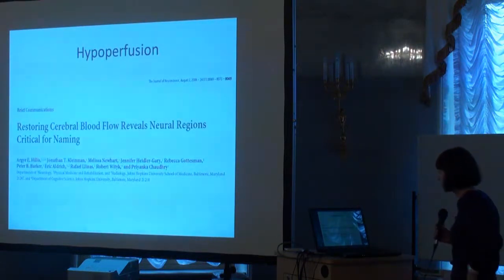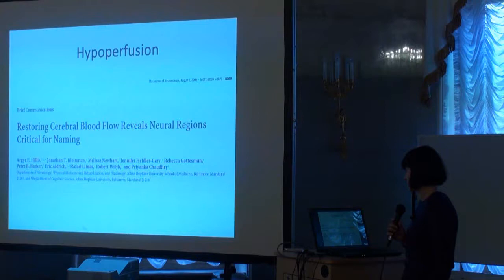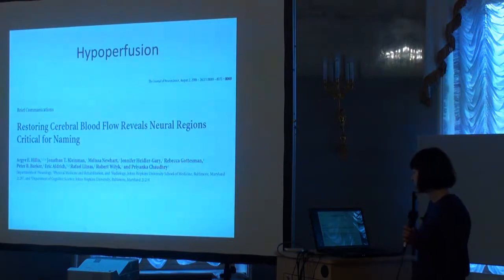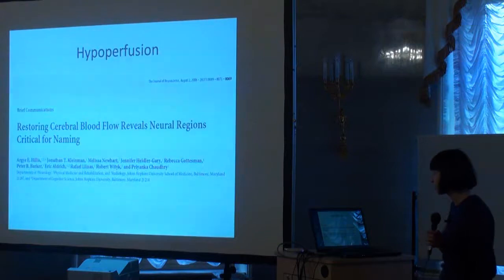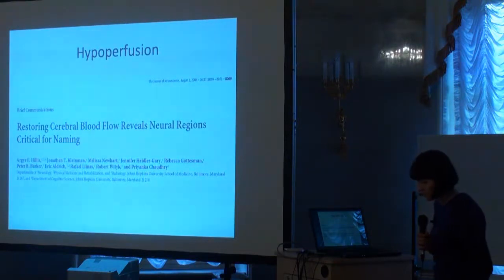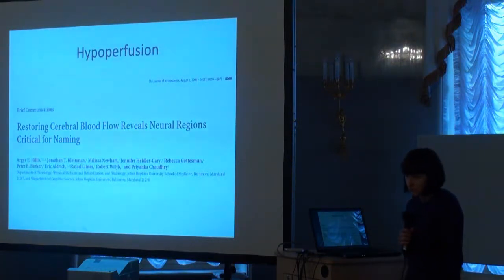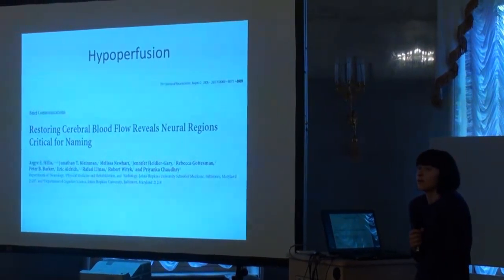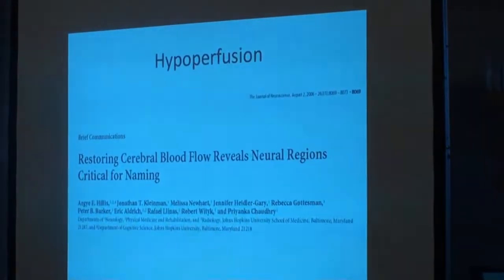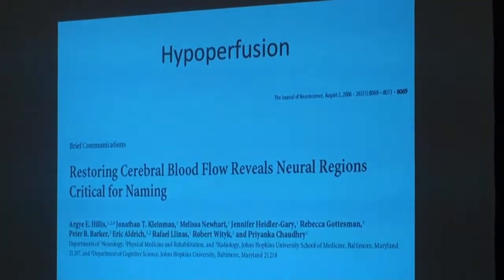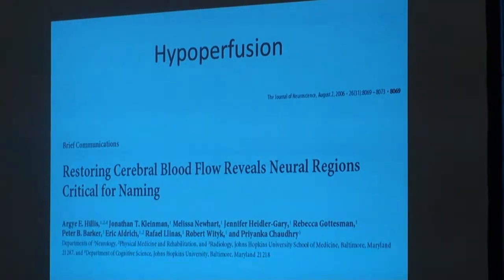And the last paper I just cannot help mentioning is a very famous work of R.G. Hillis and her study of hyperperfusion. Basically, the traditional fMRI experiments we do use one kind of scanning sequence. This is the so-called diffusion weighted.